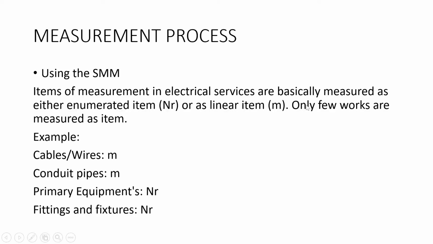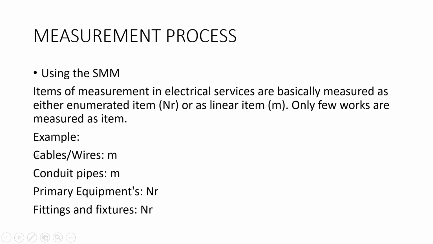So if you are going to be measuring the builder's work, like for chiseling the walls and stuff like that, for example, the money that you will pay to the government to connect your electricity to the main electrical cable, electrical source, is measured as what? An item. So you can see what we have here.